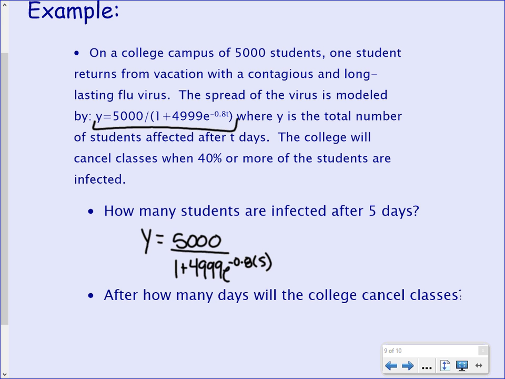Now, the one thing you'd have to be careful with in the logistic growth model, if your calculator doesn't separate out your fraction into an actual numerator and denominator, because you have this addition in your denominator, 1 plus something, you'd have to put a big parentheses around your denominator.